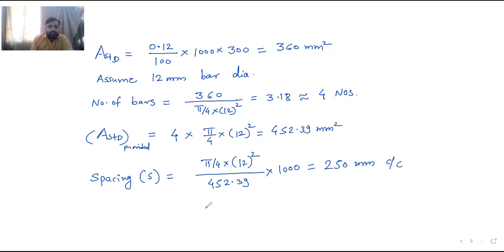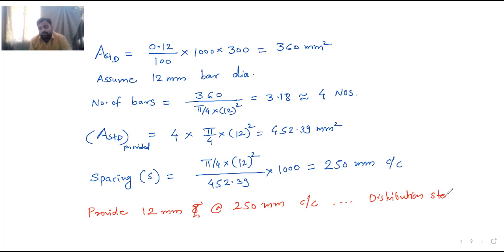Previously we have calculated this. So here at the last, write provide 12 mm bars about 250 mm center to center, and this is your distribution steel in stem.